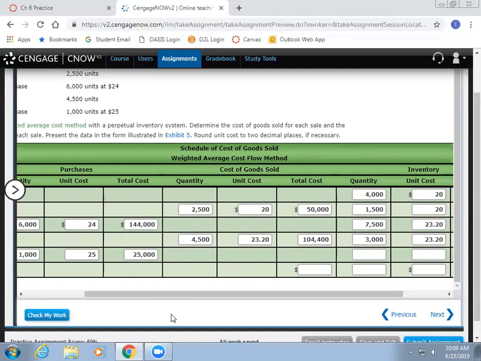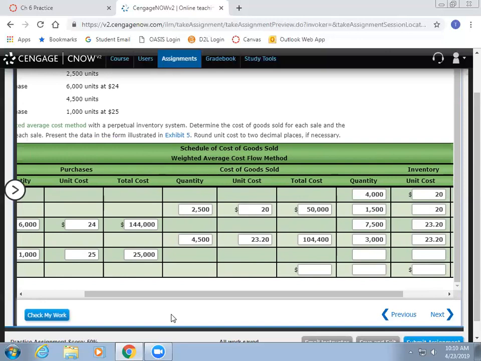For 25,000 total cost. And again, we add up our total units, so all total we have 4,000 units, and add up our total cost, $94,600.